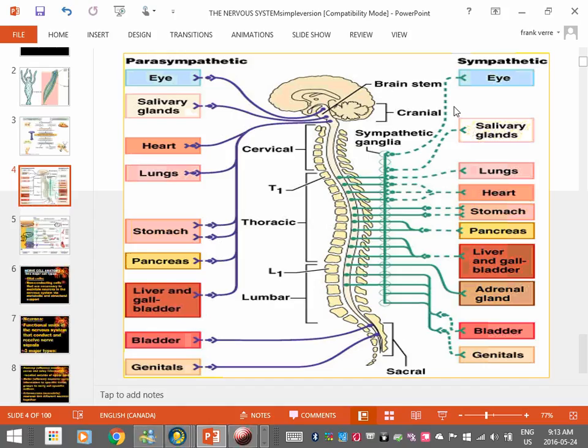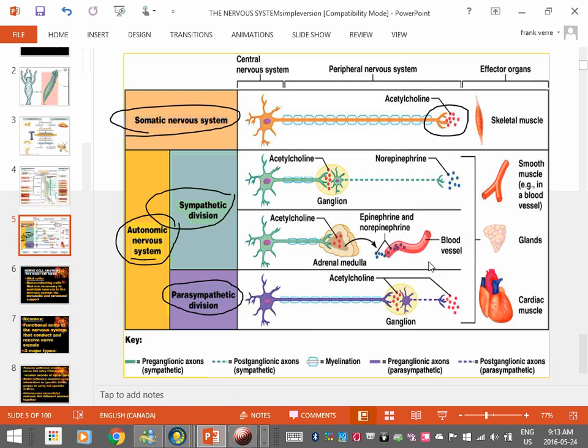So what do you think the effect would be on the adrenal gland, for instance? What do you think it would do? It would promote the release of what? Adrenaline, right? What would it do to your heart? So the sympathetic releases adrenaline.